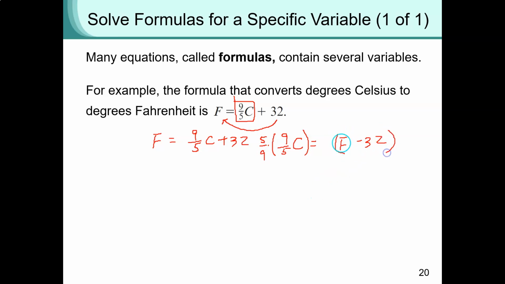So the right-hand side, I need to multiply 9/5 as well. Now these two, they cancel out. So you have the C is equal to 5/9 F minus, multiply these two, we will get 160/9. So this would be the formula of the unknown variable C.